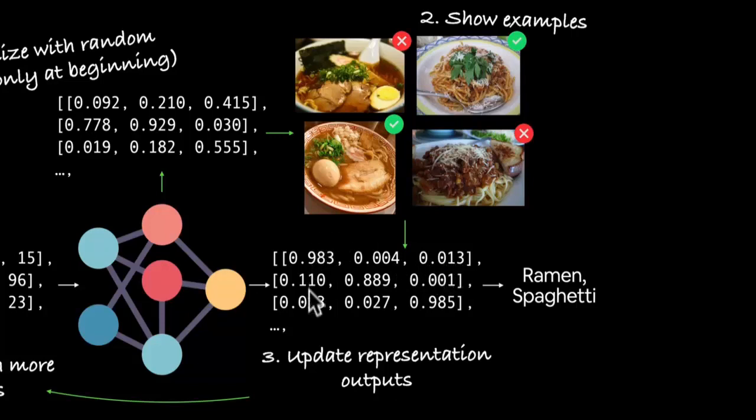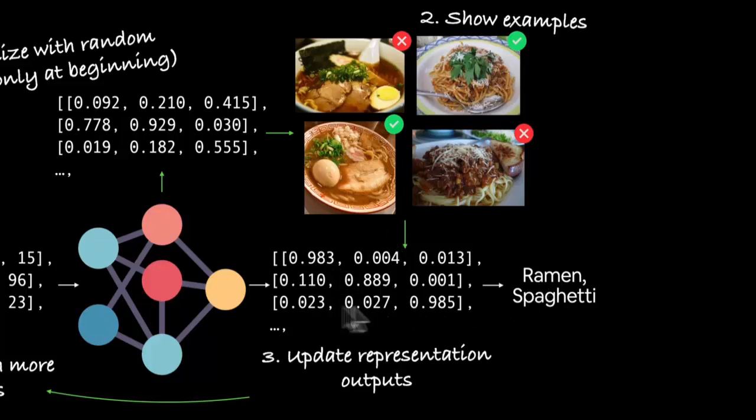So imagine if above here, this column was, say, ramen, this column was, say, spaghetti, and this column was, say, not ramen or spaghetti. In this case, the highest output would be dedicated to ramen, because the first index, the 0th index, the highest number goes to ramen.